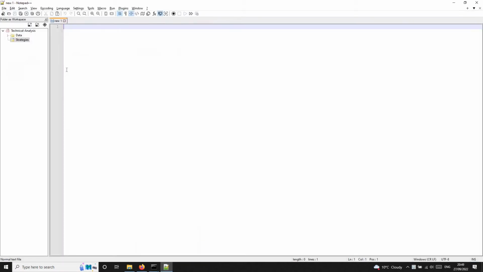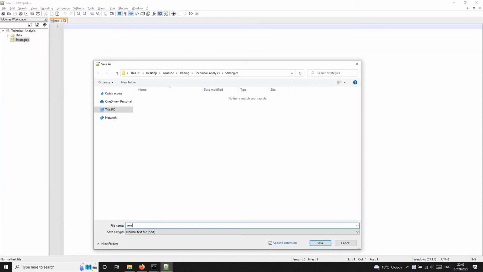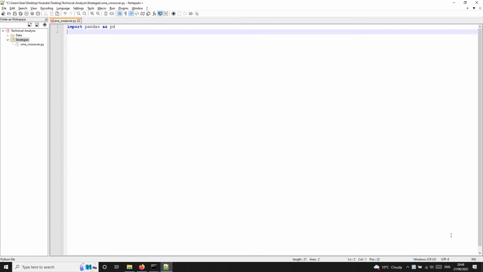Okay, we'll start, and let me first of all create our file. I'm going to name it SMA_crossover.py, and then I'm going to import pandas because we're going to read the CSV into a pandas data frame. If you haven't installed it, then do pip install pandas, and I'm going to use tabulate.